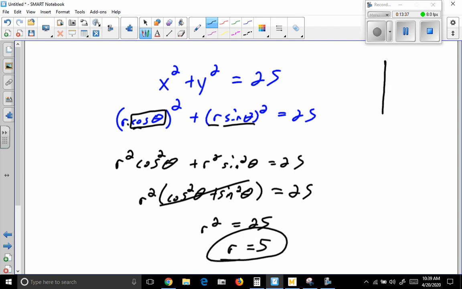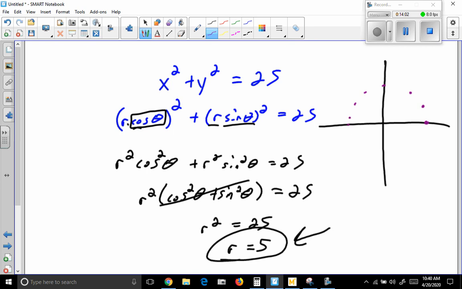If you think about plotting an equation where the radius is 5, notice that equation doesn't have a theta in it. So that means no matter what direction we go, the radius is 5. If we go in this direction, our radius is 5. This direction, our radius is 5.